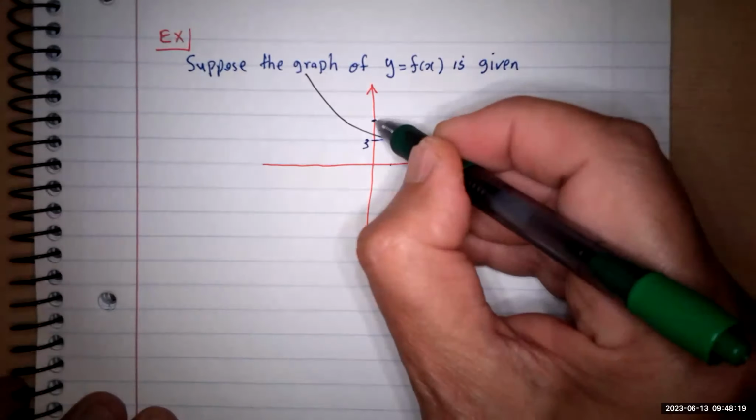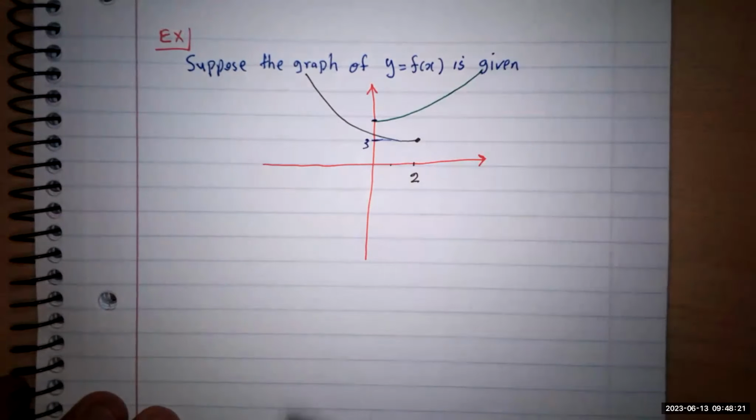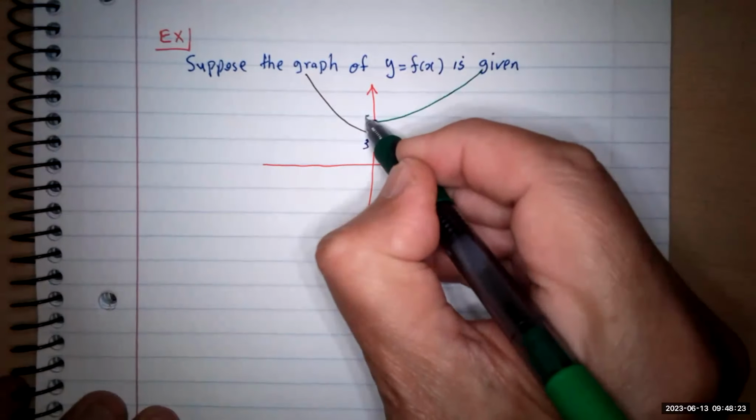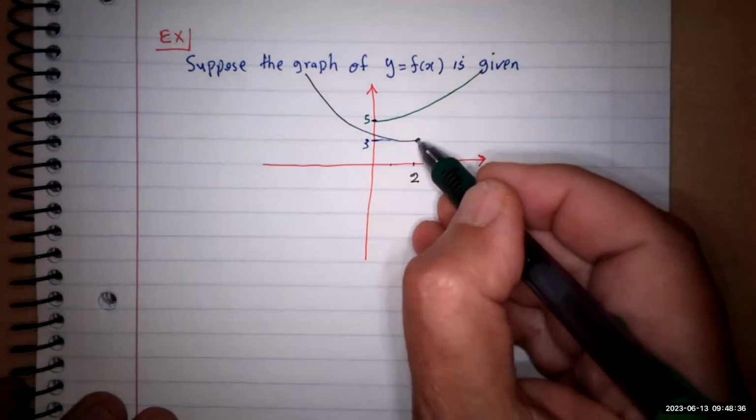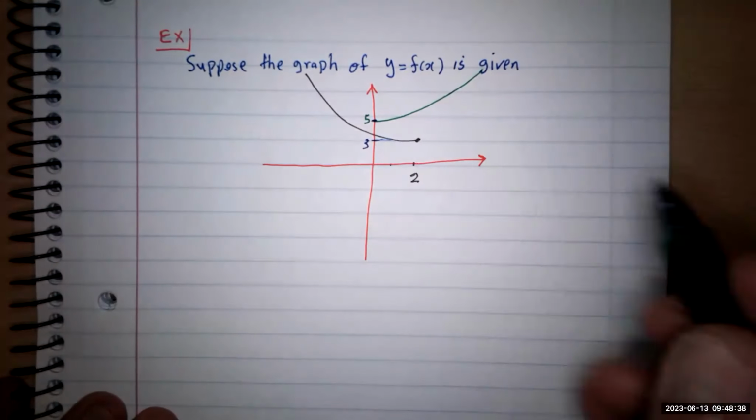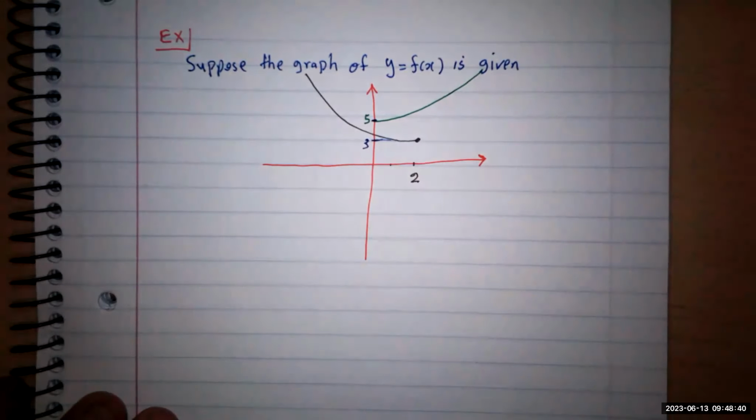Okay, and this is the second one that I have. So this number over here is 5. So that was a 3 and 5 that we got. Okay, then this is the 2, then we get the 3 here. Then I need another number.